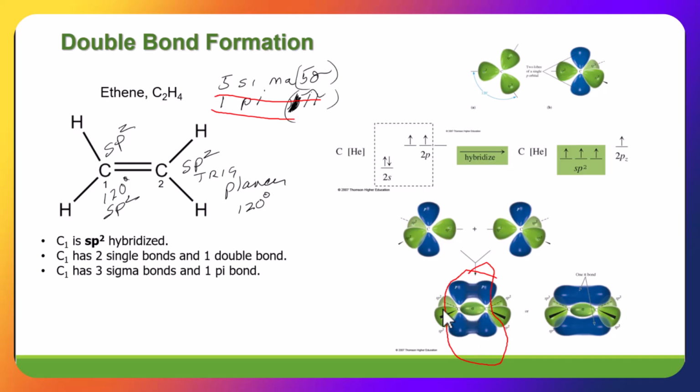These are the sigma bonds, and that's a sigma bond from one carbon to another and from the hydrogens to the carbon. Okay. So 5 sigma, 1 pi bond. As you can see, it says here 1 pi bond.